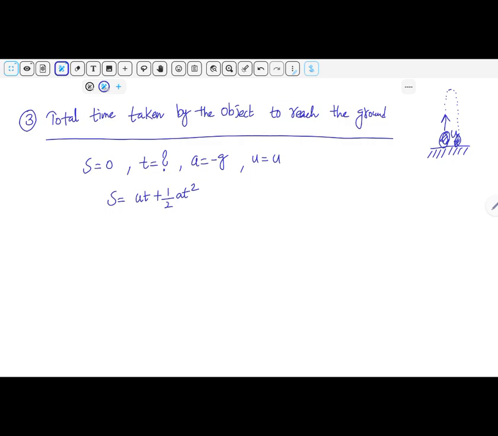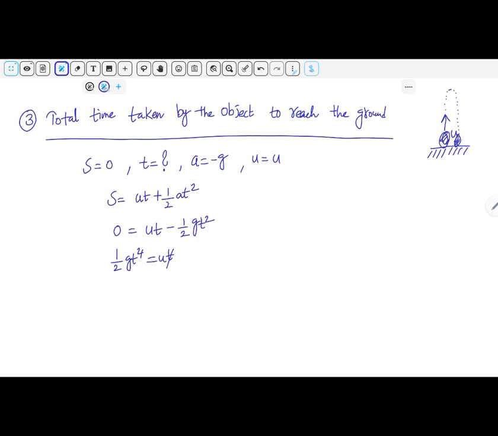Now substitute the s value as 0, keep ut as it is, and put minus g in place of a, so that you get 0 = ut − (1/2)gt². Adding (1/2)gt² on both sides, you get (1/2)gt² = ut. So one t and one t get cancelled out.